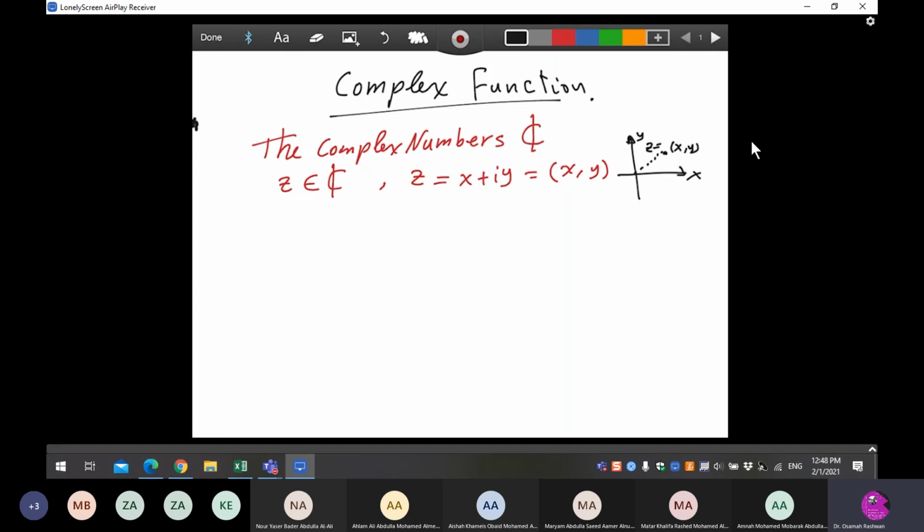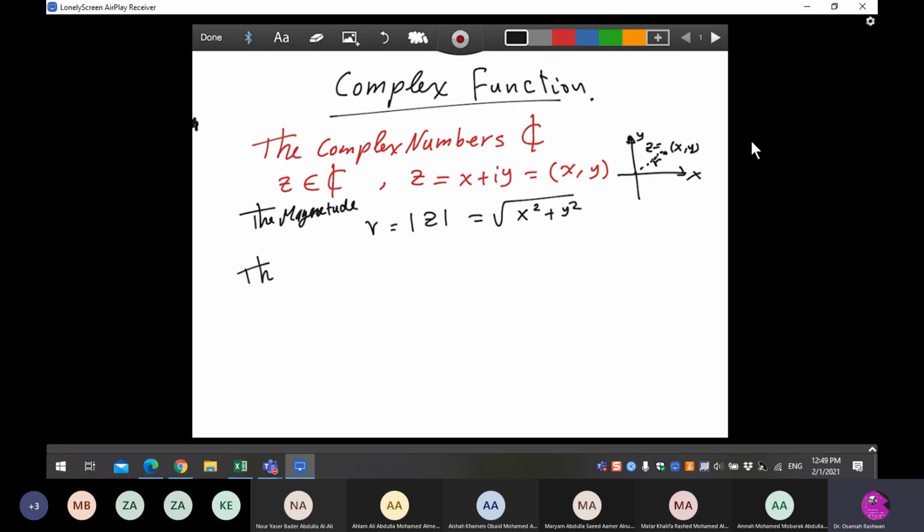And the distance from here to here, they call it R, or the magnitude of Z. It is the square root of the coordinates squared.